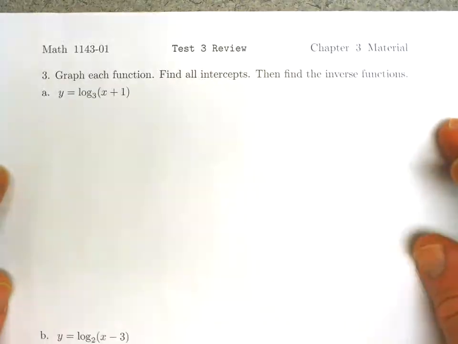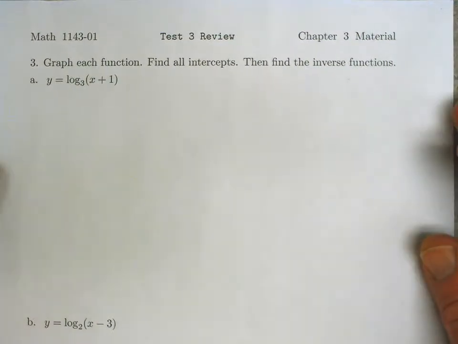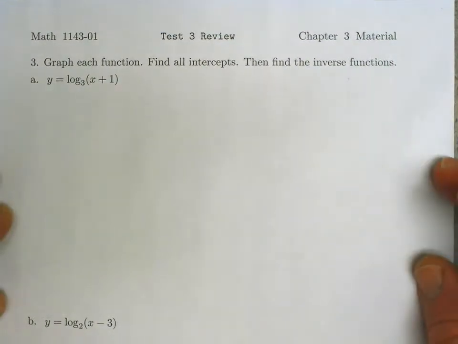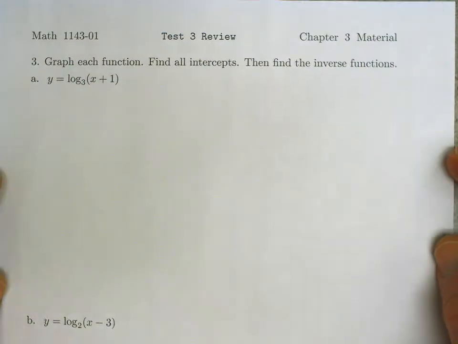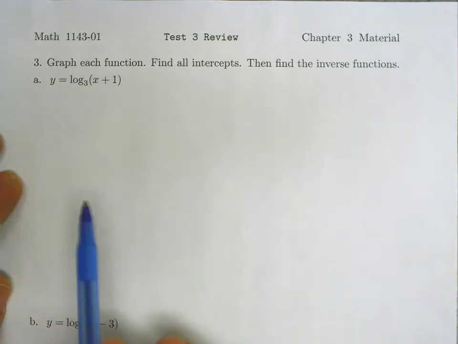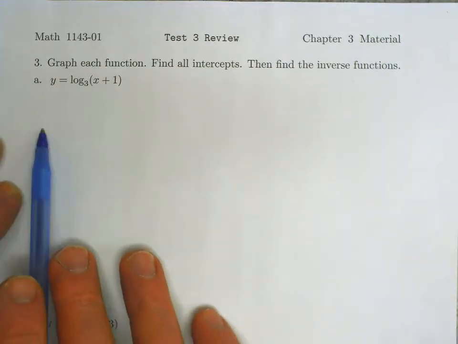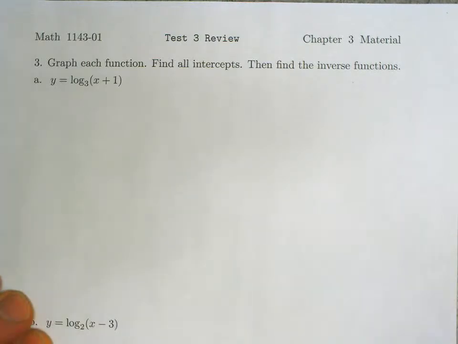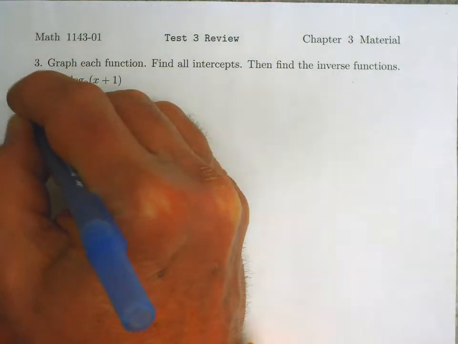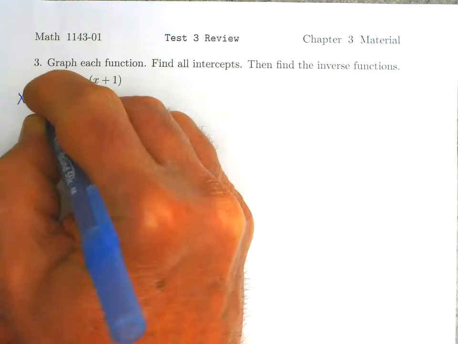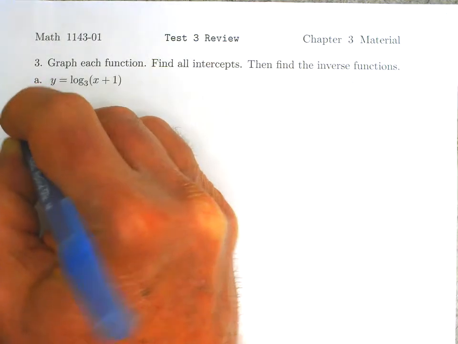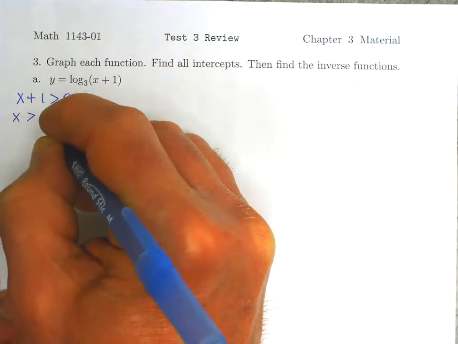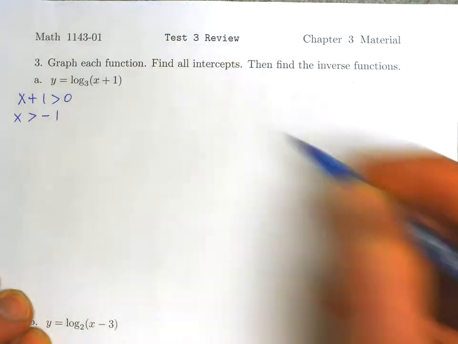I won't do every single problem I have on these sheets so that we can get a representative of the problems. But we will graph this function, y equals log base 3 of x plus 1. Notice that the argument x plus 1 has to be greater than 0, so the domain is x greater than -1.